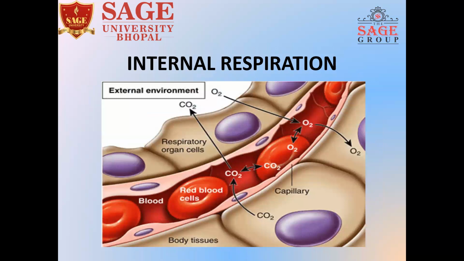Here you can see that after respiration, O2 reaches the tissues for internal respiration through systemic arteries. The blood capillary has a higher concentration of O2, which then diffuses to the body tissues, and the body tissue, having a high concentration of CO2, passes it to the blood vessels through the same process of diffusion.